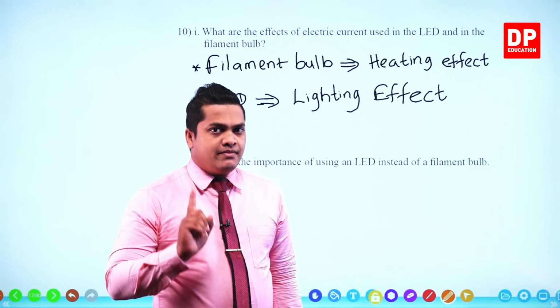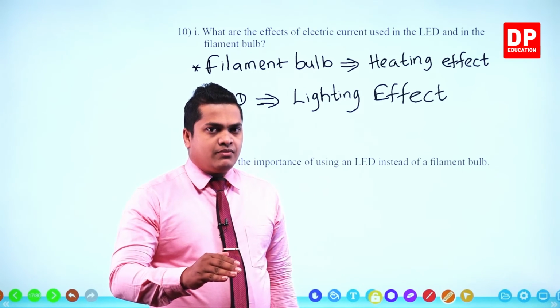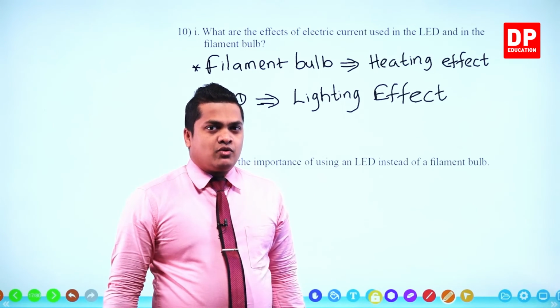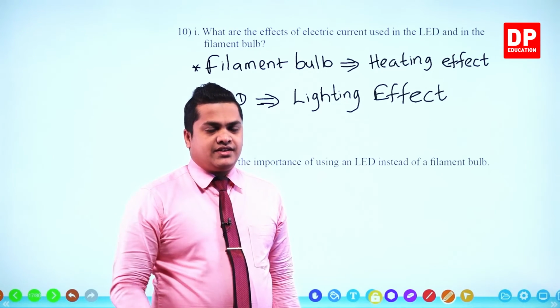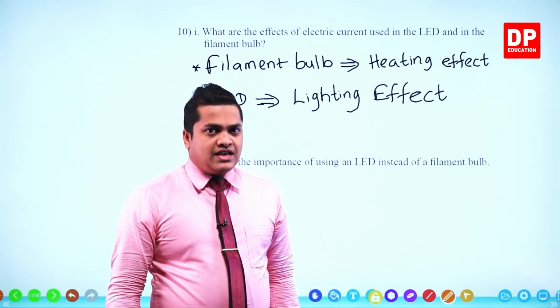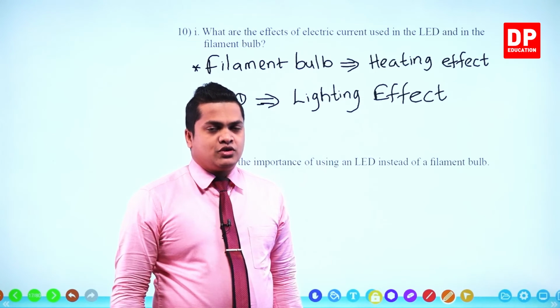It's because the main energy given out is the light. However, in a filament bulb, the main energy given out is the heat. Secondary energy is the light. So LEDs are going to consume less amount of energy, right?